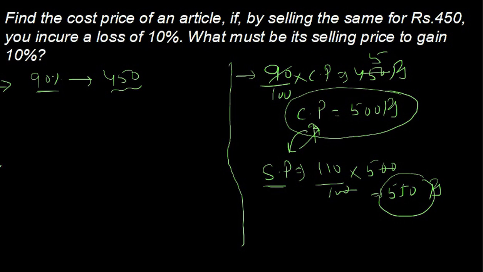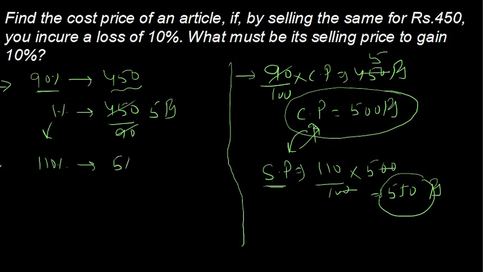So 90% of something is 450, so 1% of the same something is going to be what? 5 rupees. Now you got a profit of 10%, so it should be 110%. So 110 into 5 is what? 550 rupees. So the same answer, but you can do it directly by comparing the percentages.